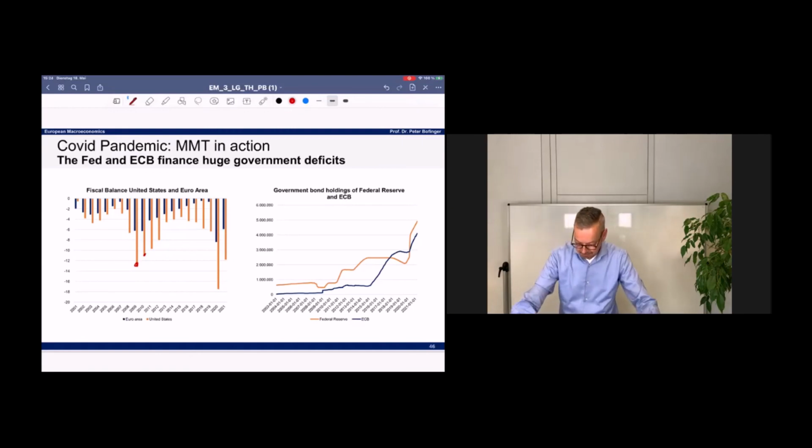It's quite interesting to see the difference compared with earlier crises. Because here, if you look at the time of the financial market crisis and the recession that was created by it in 2009, you can see that in this period, the ECB more or less remained passive.